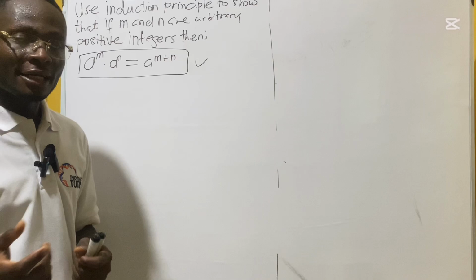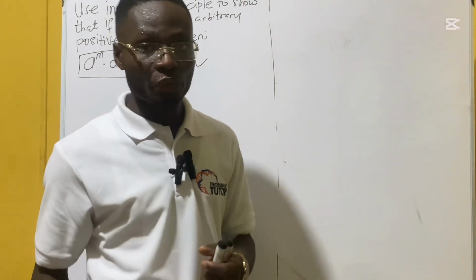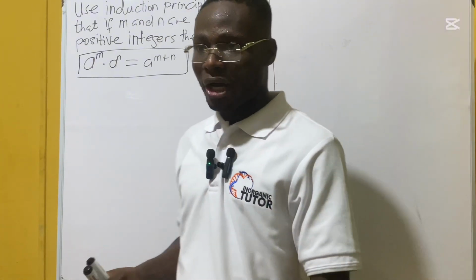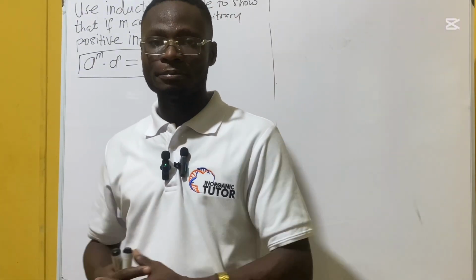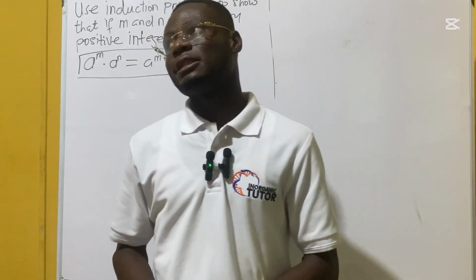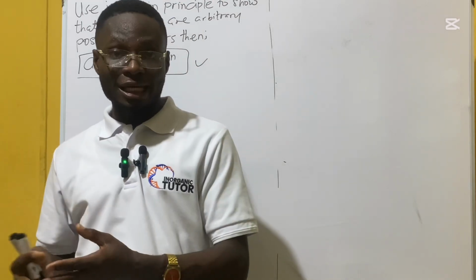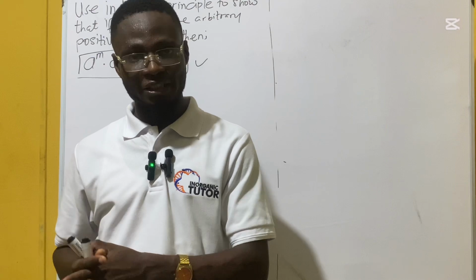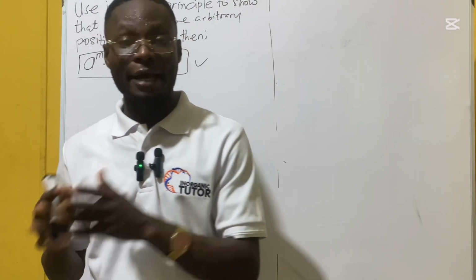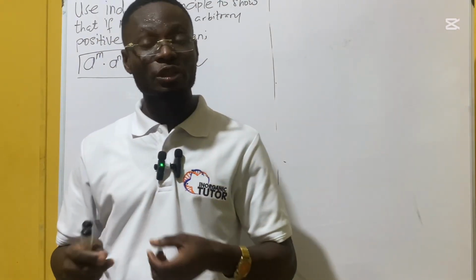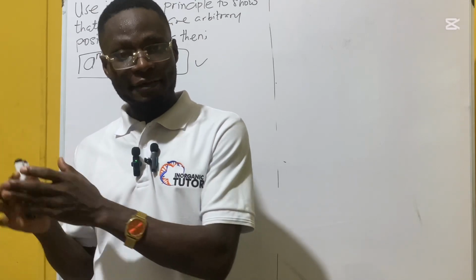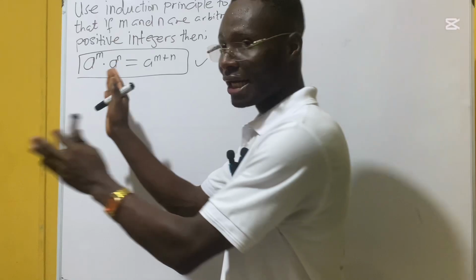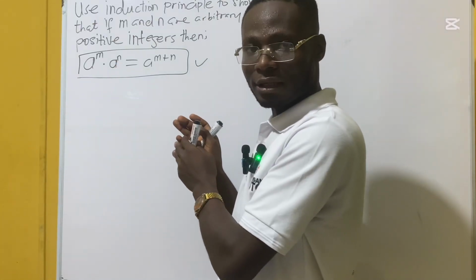And then the second step that we have to check is the induction process. Okay, so that is when we assume that there is an arbitrary positive integer, where we can say that m is equal to k. And that will be true if we substitute and we realize that it's having the same thing right here as the left hand side.